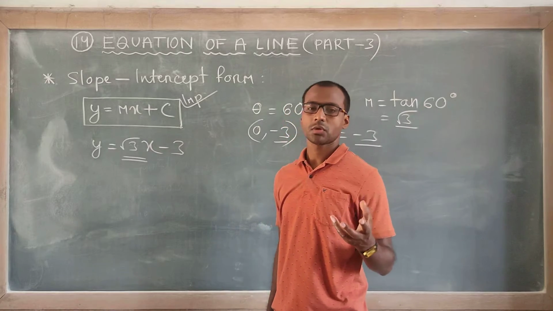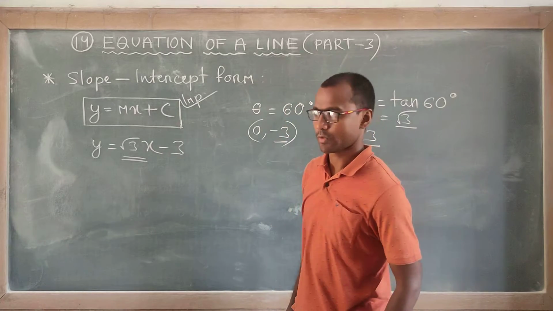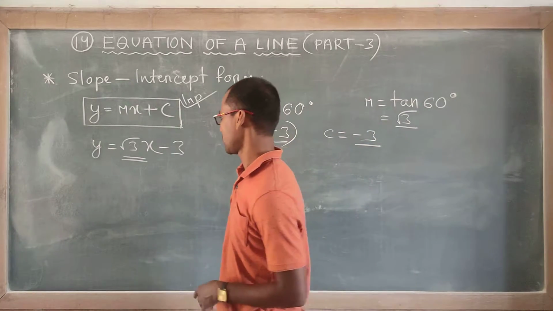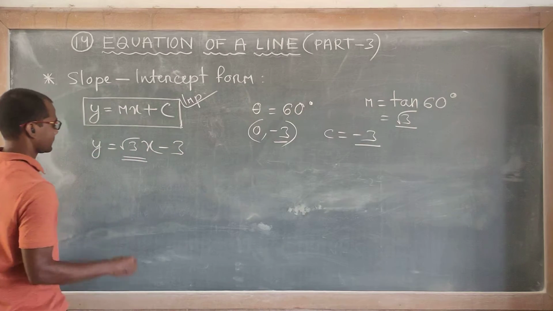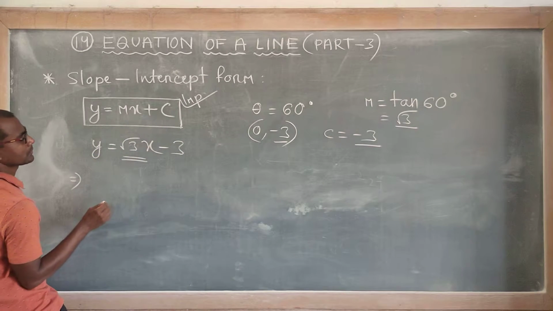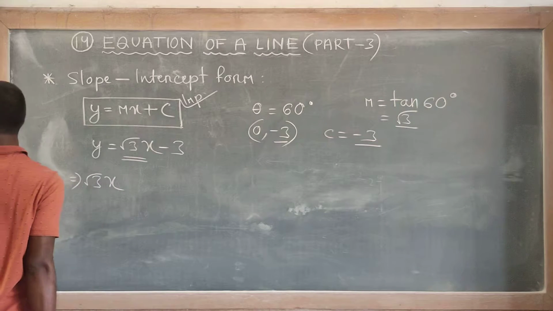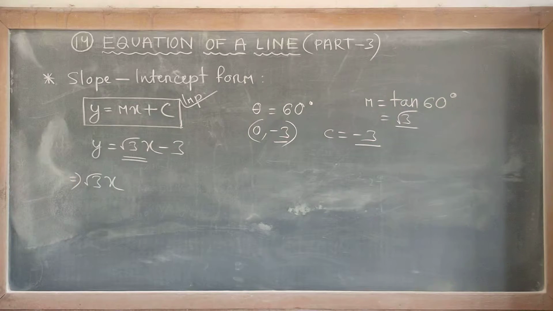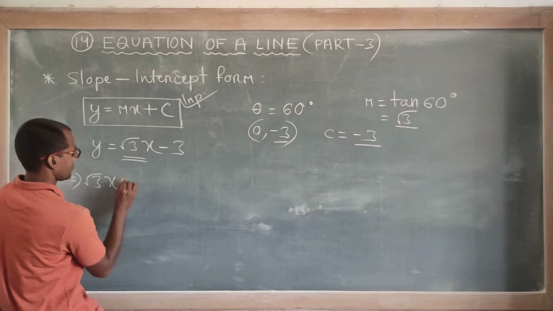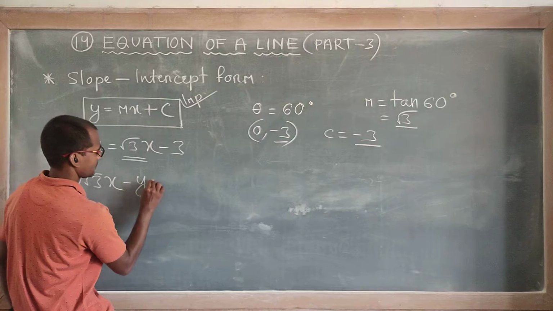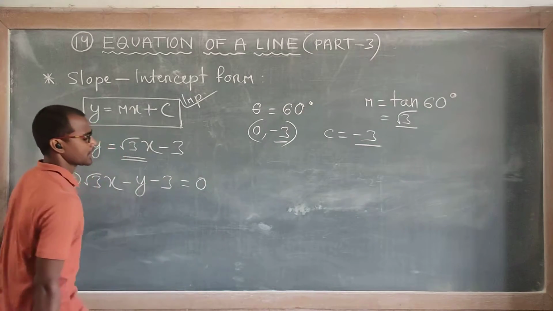If we want to convert it to the standard form, which I have given in part 1, we can write it as root 3x minus y minus 3 is 0.